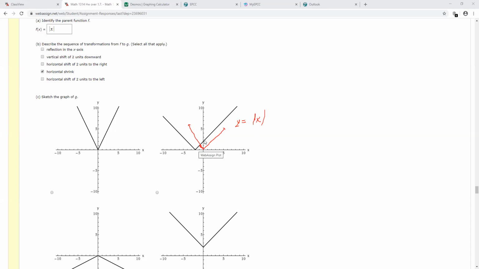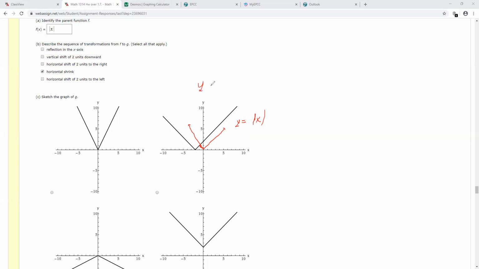This V part didn't become closer together or stretched out. And this one is just shifted over 2 units to the left. So this would be a horizontal translation.